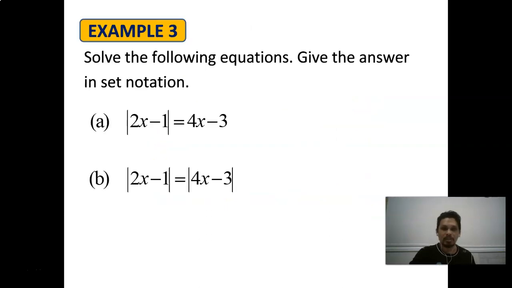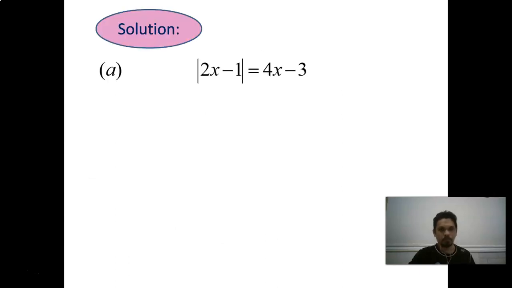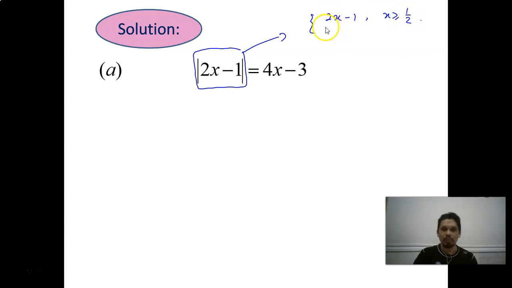So the following equation, give the answer in set notation. For this one here now, again, it is defined as 2x minus 1 for x greater than or equal to 1 over 2, and negative (2x minus 1) for x less than 1 over 2.